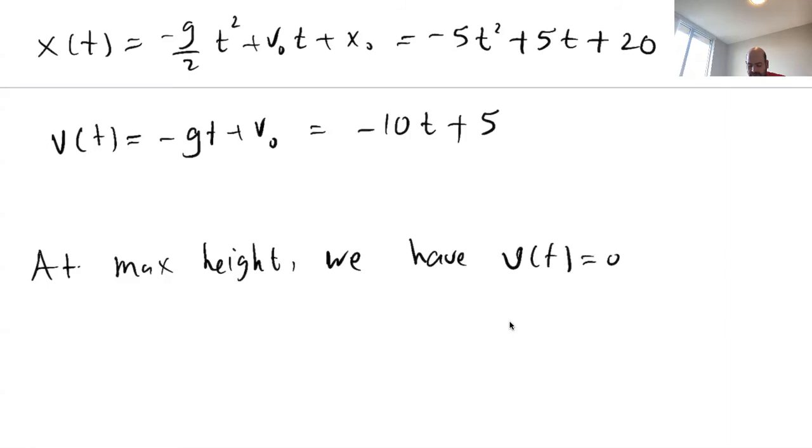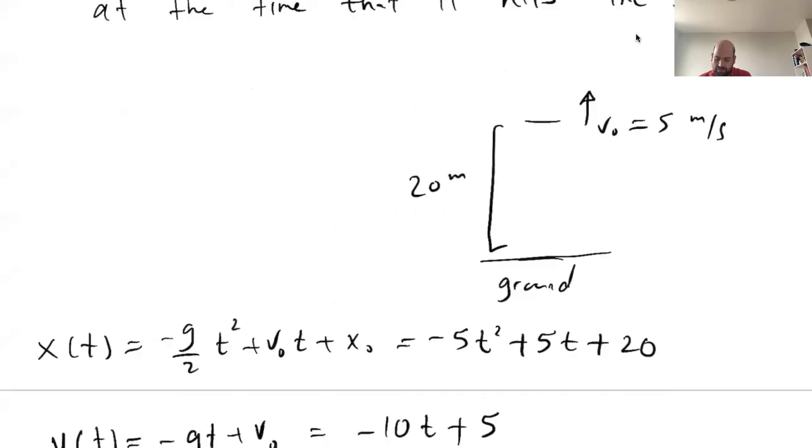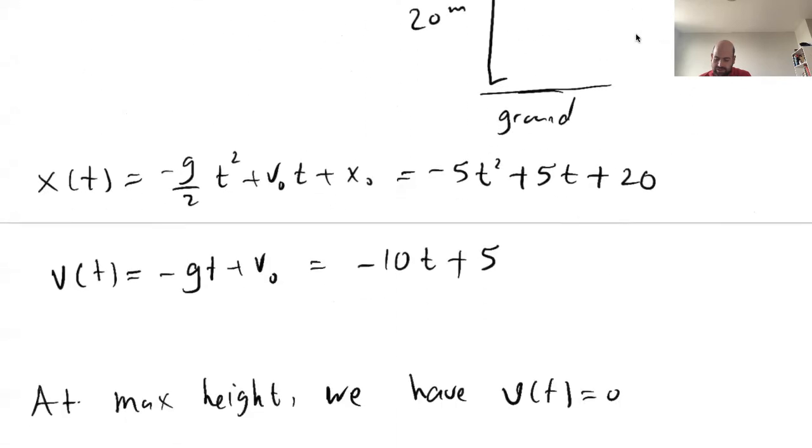Velocity becomes 0 at maximum height. So what does that mean? That means minus 10t plus 5 equals 0. That gives t equals 5 over 10, or 1/2. So this is the time of maximum height.